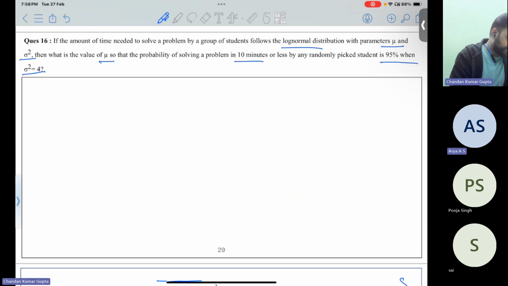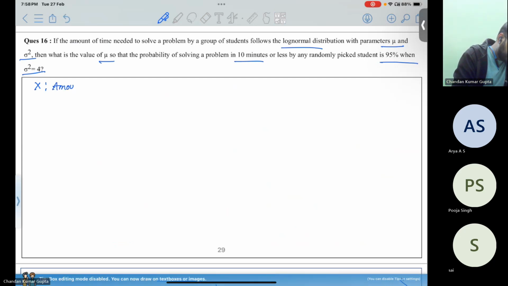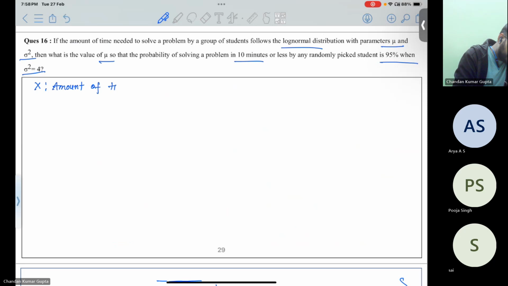Like we are already given. Okay. Here X is our random variable, which is the amount of time required to solve a question. Okay. So it is given X follows log normal with parameters mu and sigma square, which is equal to 4.